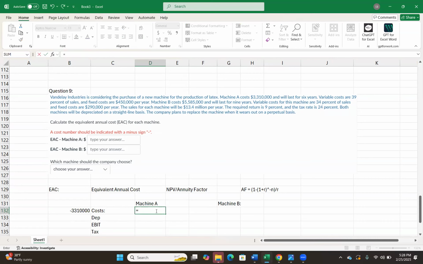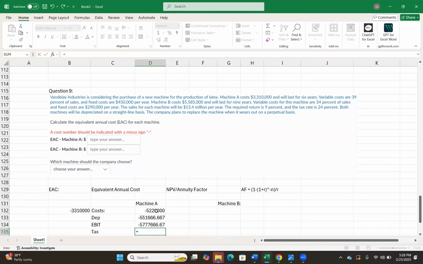Costs are 39% of sales for machine A. So sales will be 13,400. Depreciation is going to be straight line basis, lasts for 6 years. So it's going to be this divided by 6 because there's no residual value.